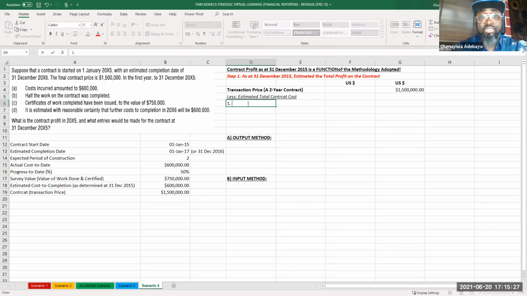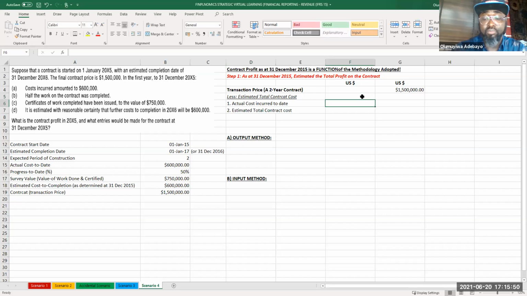One is the actual cost incurred to date, and two is the estimated total contract cost. Actual cost to date is 600.